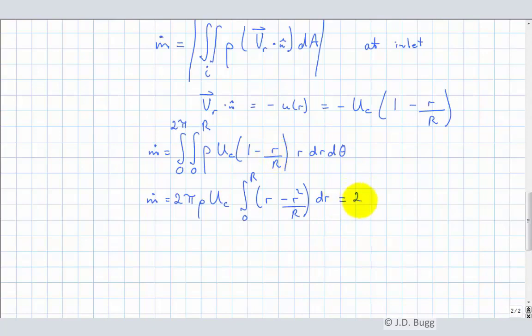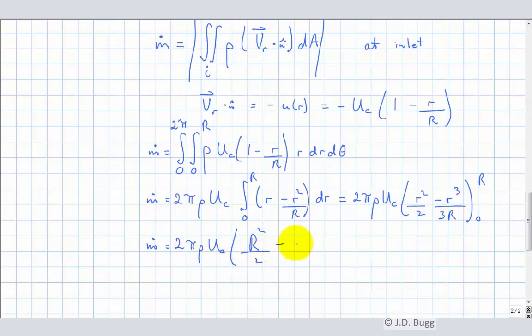So that's equal to 2 pi rho U_C (r squared over 2 minus r cubed over 3R) evaluated from 0 to R. So the mass flow rate equals 2 pi rho U_C (R squared over 2 minus R squared over 3), or pi rho U_C R squared over 3.